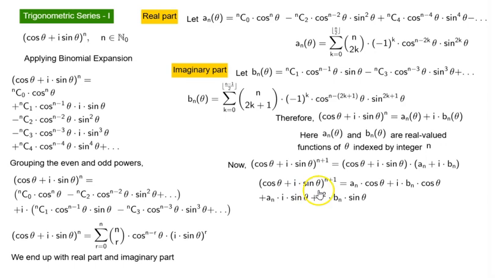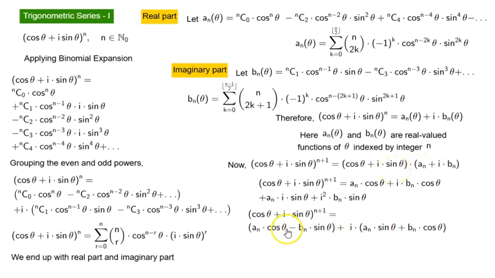So (cos θ + i sin θ)^(n+1) is equal to, and we do a normal distribution, a_n cos θ + i b_n cos θ + a_n i sin θ + i² b_n sin θ.